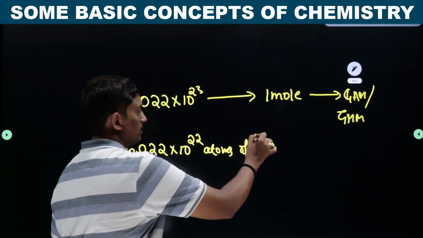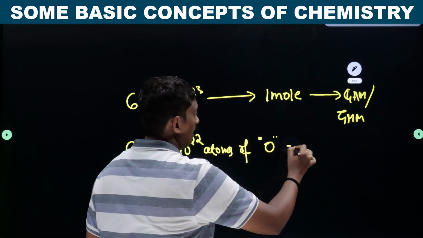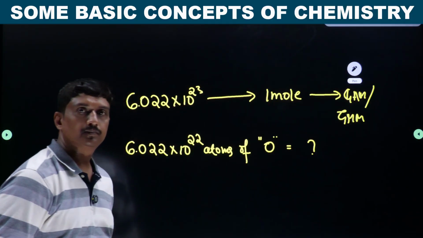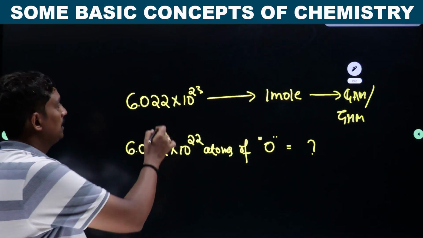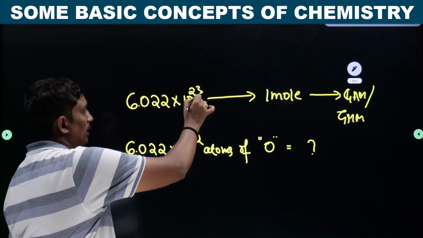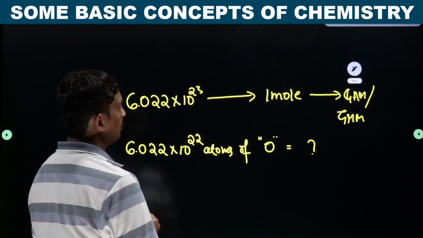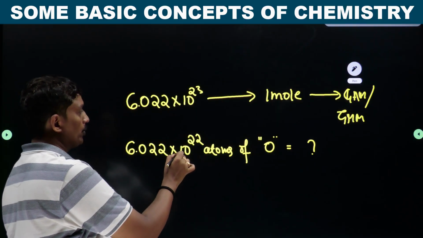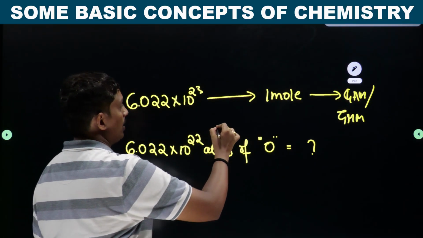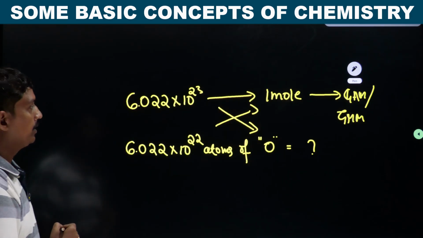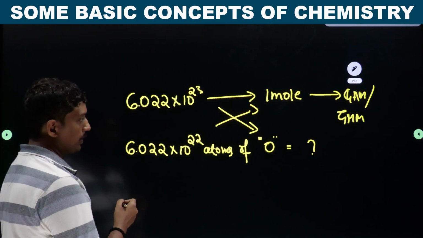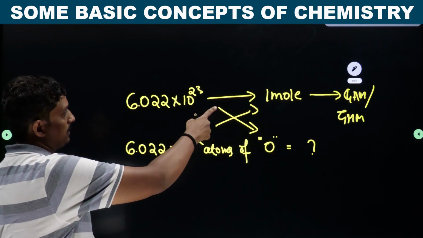How many moles? How to calculate? Very simple calculation. 6.022 into 10 to the power 23 is equal to 1 mole. 6.022 into 10 to the power 22 is equal to how many moles? If you cross multiply, see.